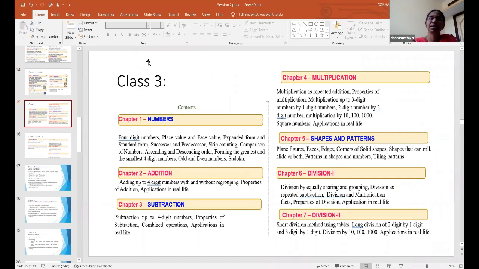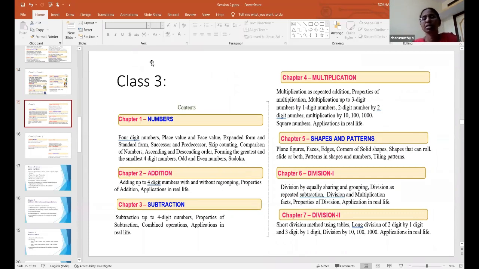And of course in multiplication, it is 2 by 1, 3 by 1, 2 by 2, and 3 by 2. And multiplication by 10, 100, and 1000. And if you look at it, we have introduced square numbers here, which you wouldn't have seen in many books.